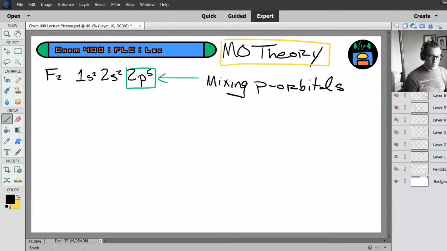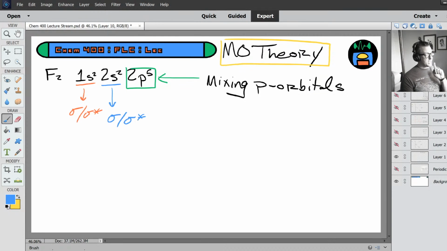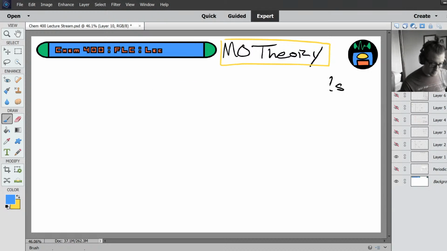We already know that our two 1s orbitals will mix to make sigma and sigma star. Our 2s orbitals will mix to make a sigma and a sigma star, but our p orbitals mix in a slightly different fashion, and so we need to delve into that before we draw the molecular orbital diagram for difluorine.